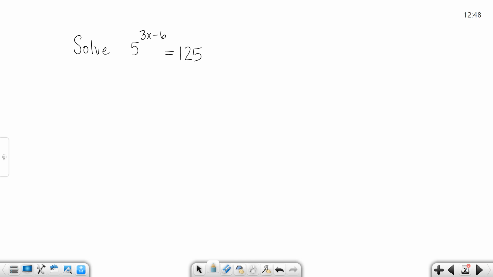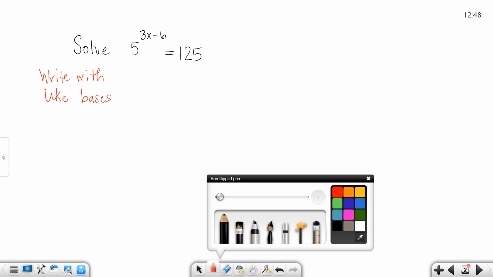Okay, so here's your first one. I want you to solve 5 to the 3x minus 6 equals 125. The first thing I notice is these can be written with like bases. Okay, and that base is 5.